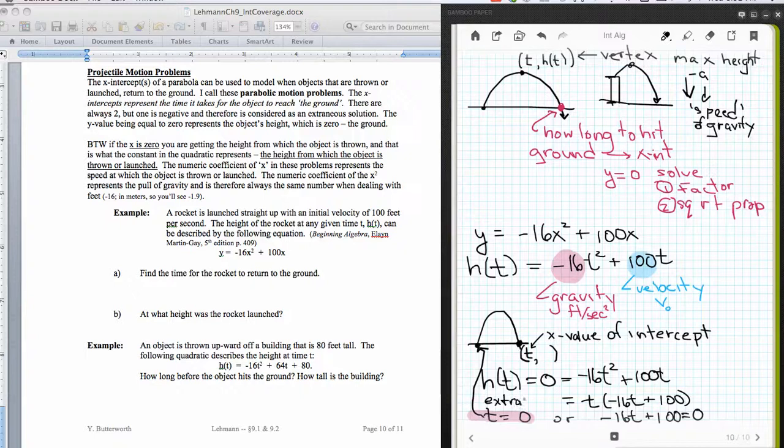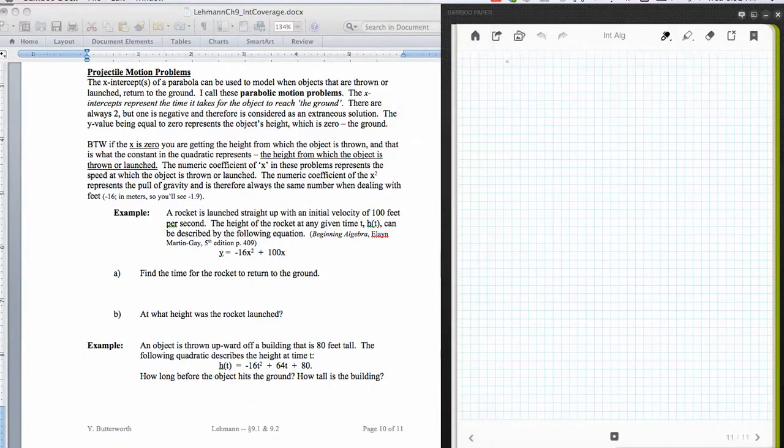And now we just need to solve the other one, and that's going to give us that 16t is equal to 100 if I add negative 16 to both sides of the equation, and then t is equal to 100 divided by 16.